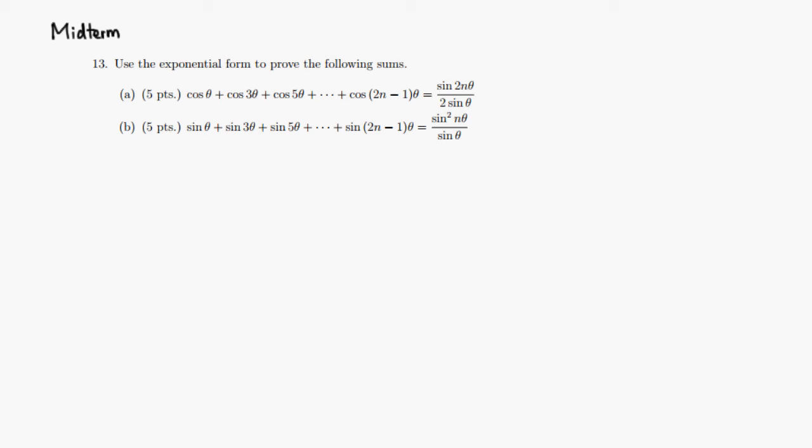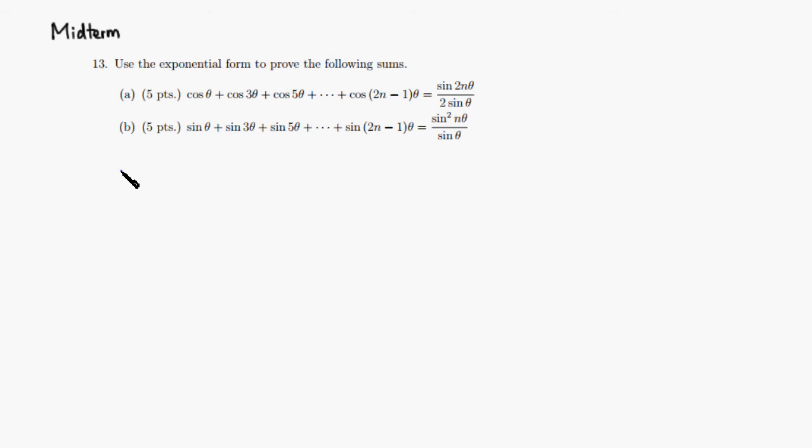All right, let's look at the midterm exam, problem number 13. I'm trying to do part A and part B in one shot. So instead of looking at the cosine and sine, I'm going to look at an exponential expression.